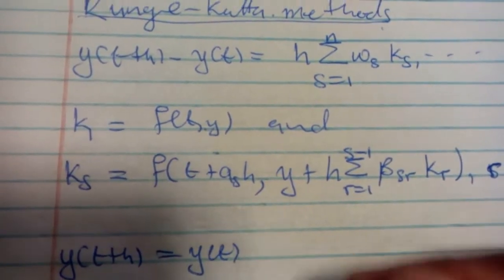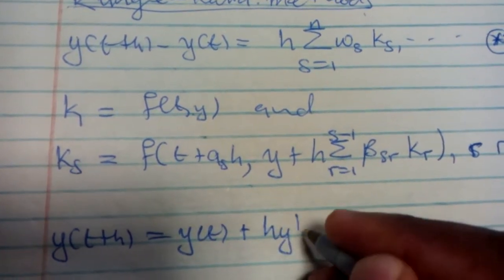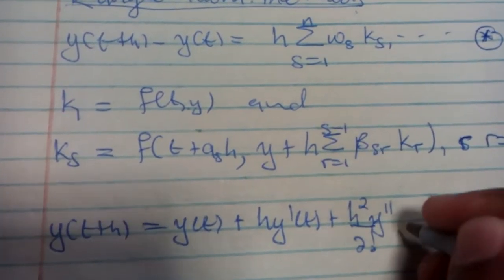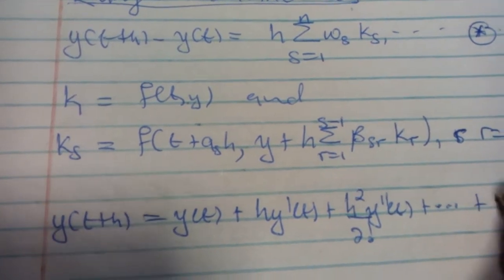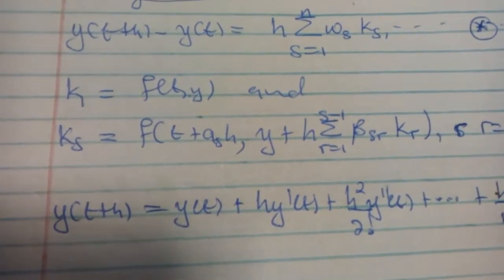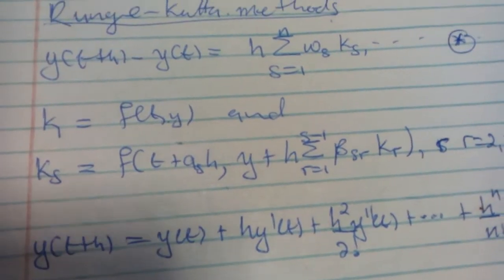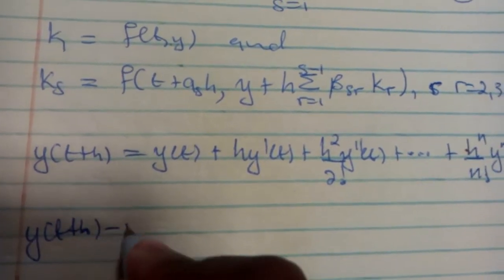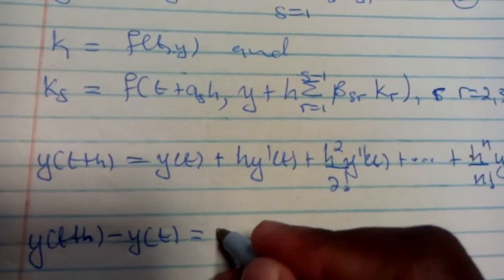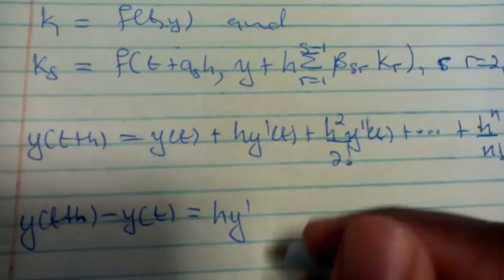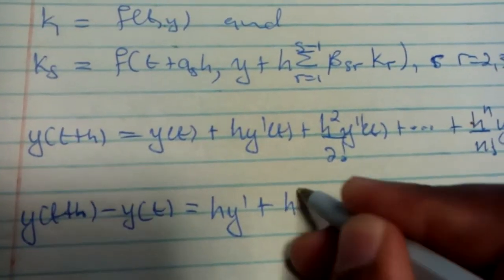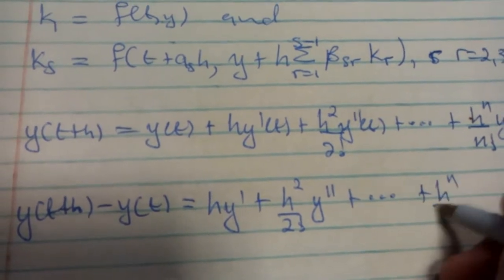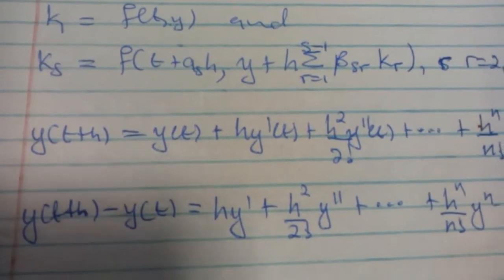Your y(t) plus h y prime(t) plus h squared y double prime over 2 factorial at t, plus all the way up to h^n over n factorial times y^(n)(t). From the Taylor's expansion of this expression, I can rewrite this as y(t+h) - y(t) equal to h y prime, or just drop the t's there for convenience, all the way up to plus h^n over n factorial y^(n). Call this one double star.